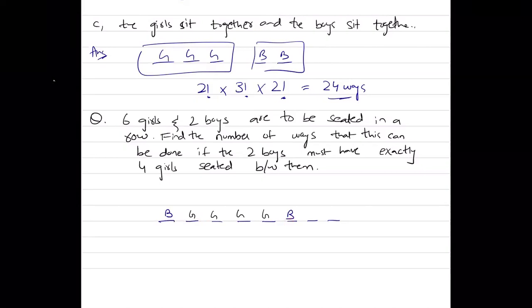Yes. Okay, that's one of the possibilities, right? Now, what could be the other possibility? What if the boy plans on sitting over here first? Then where would the second boy be sitting?